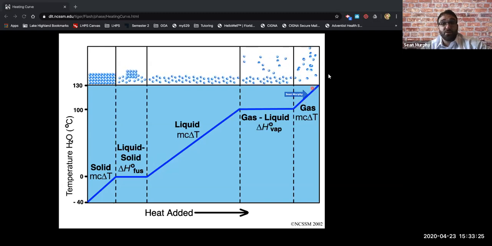Steam can go a lot higher than even what's on this graph. So again, steam can cause a lot of damage and be very dangerous. Yes, you can get hurt by liquid water, but steam is going to have a higher temperature.